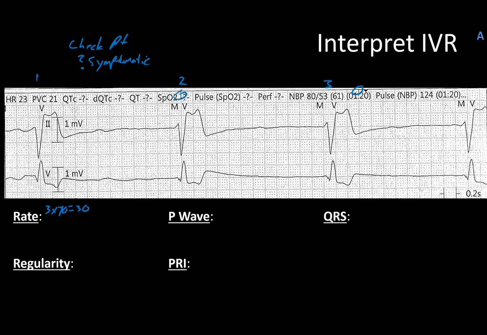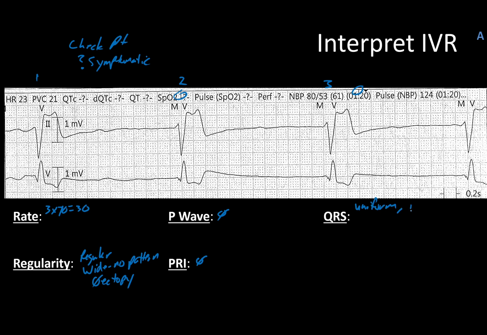And we are regular, we're wide, no pattern, no ectopy. I do not have any P waves, I do not have a PRI. The QRS are uniform.